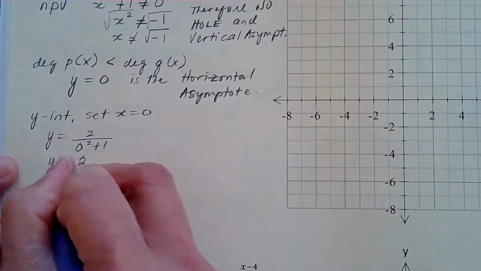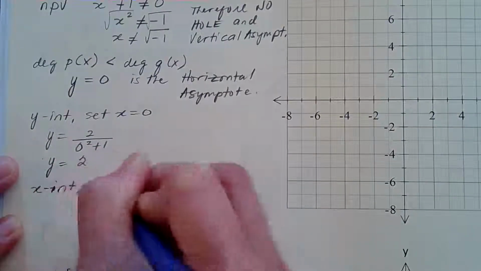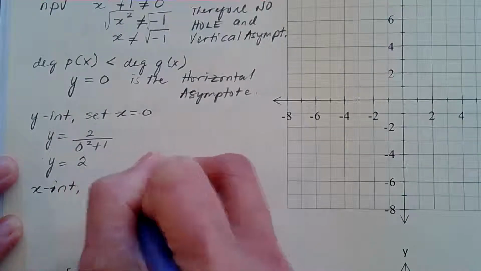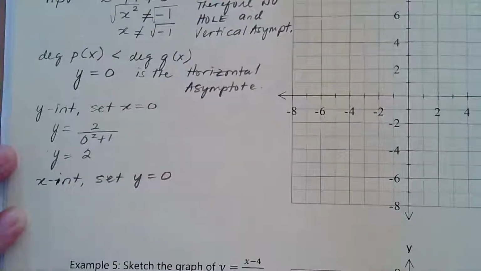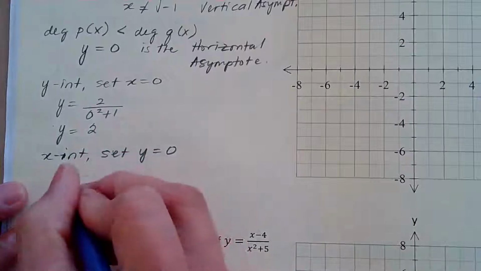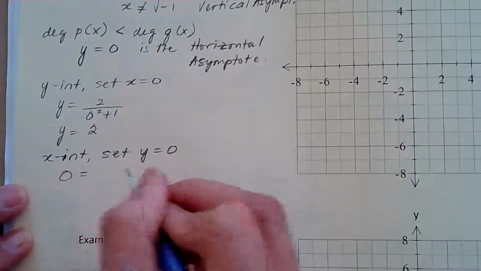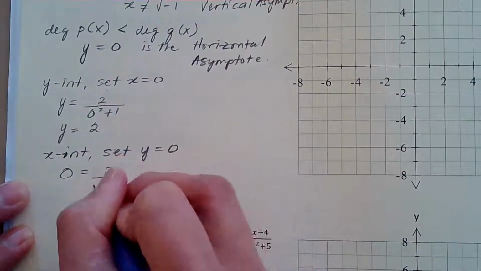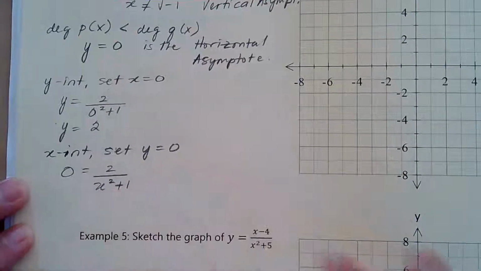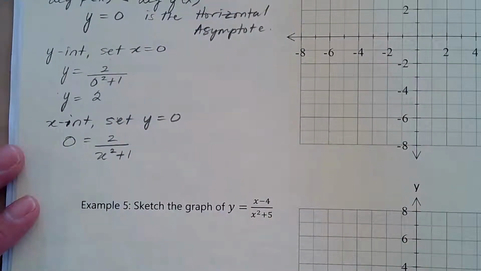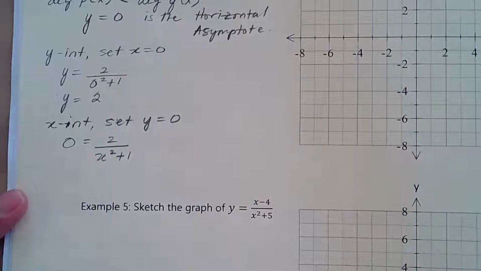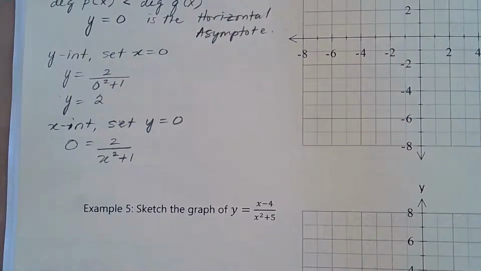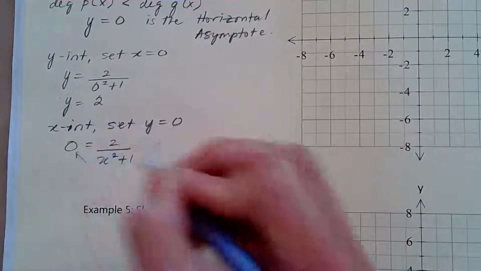Let's do the x-intercept. For the x-intercept, we're going to set y equals 0. Okay. Now if we set y equals 0, we're going to cross multiply to get rid of the denominator, right?